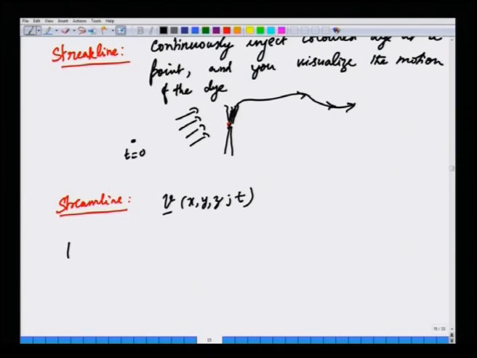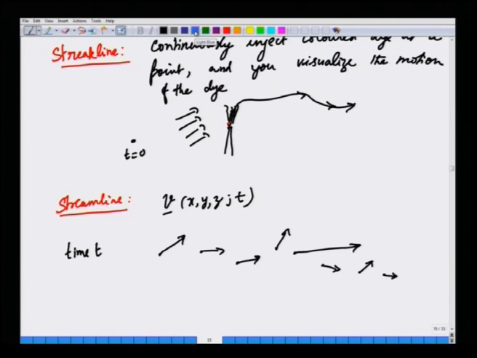Let us look at a given time. At a given time t, at various spatial locations, you can plot how the velocity vector is going to look like, and you can plot the magnitude by showing a larger arrow and a direction by the direction of the arrow, and if the velocity field has different values at various points, you can show it by both the direction as well as the magnitude.